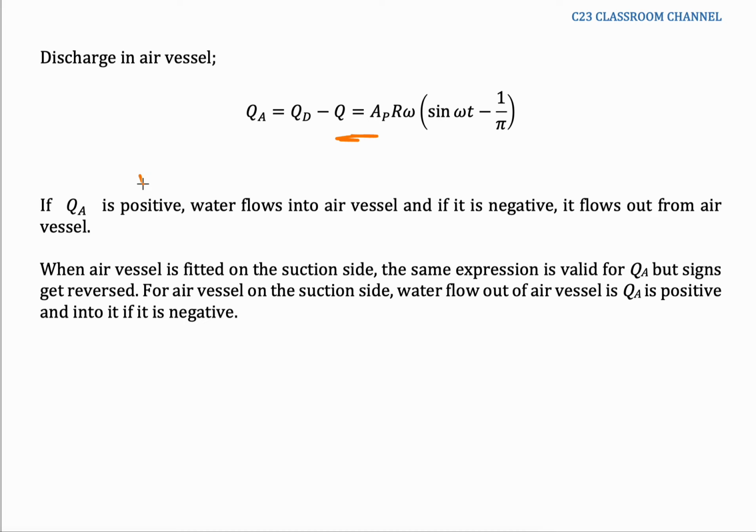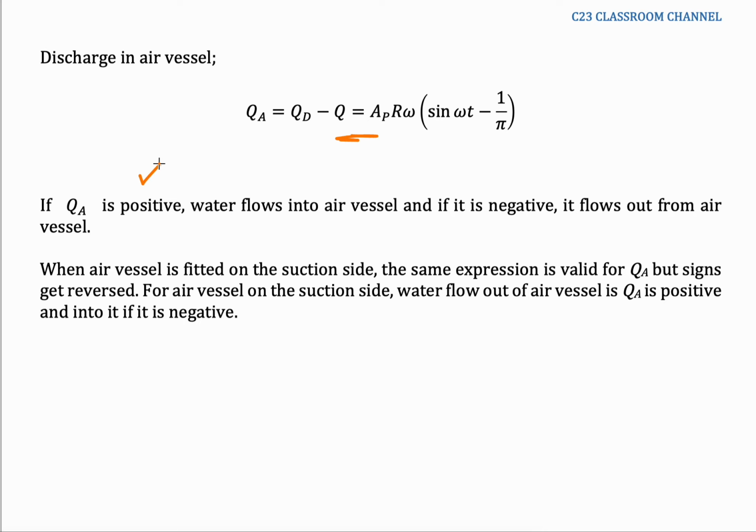The idea of this calculation is to make sure we have an extra flow rate to be pushed into the air vessel. If the flow rate from the piston pump is not enough, no water flows inside the air vessel, which means the air vessel cannot function very well.